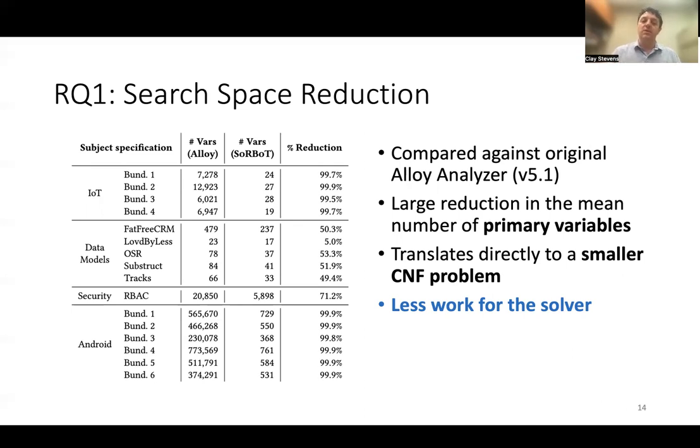As you can see, we reduce the size of the CNF problem in all cases. In some cases, dramatically, of almost 100%. We reduced many hundreds of thousands down to simply hundreds for the larger specifications. And what this translates to is less work for the solver. So we know that Zorbot can reduce the size of the problem and that will give us benefits each and every time we want to analyze a new operation.